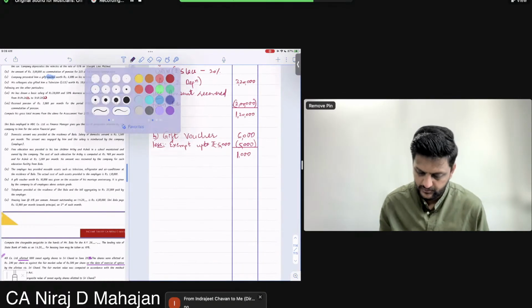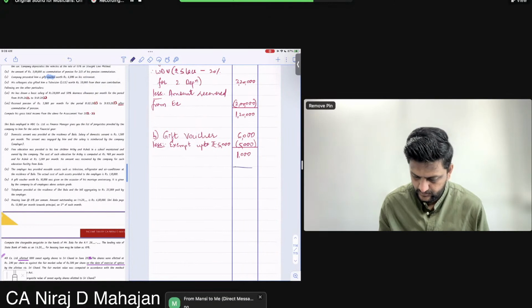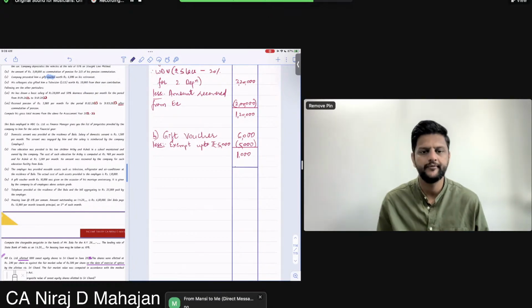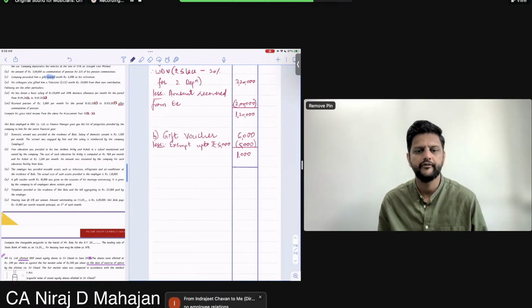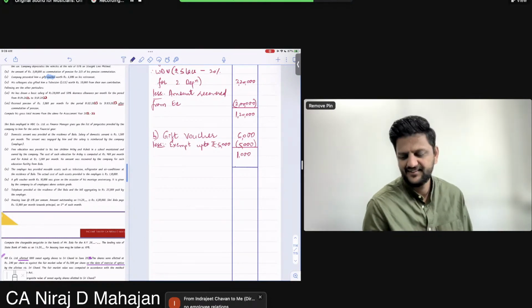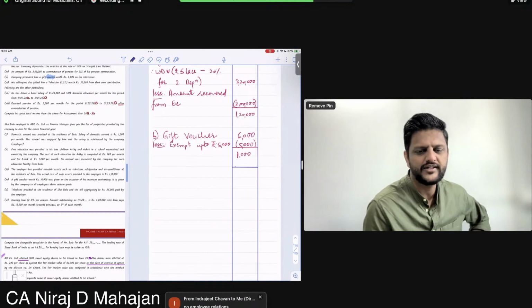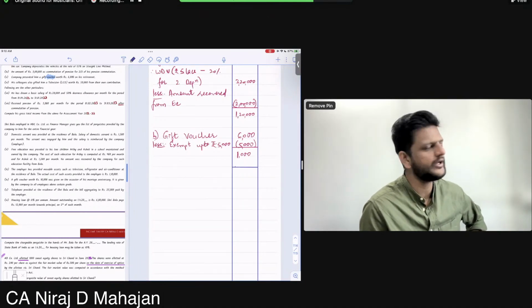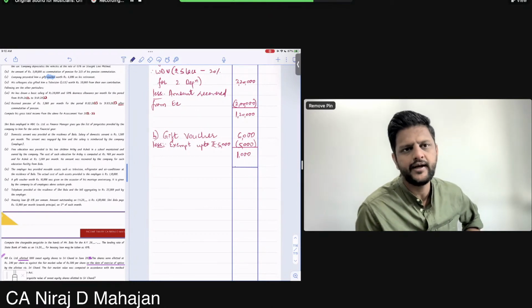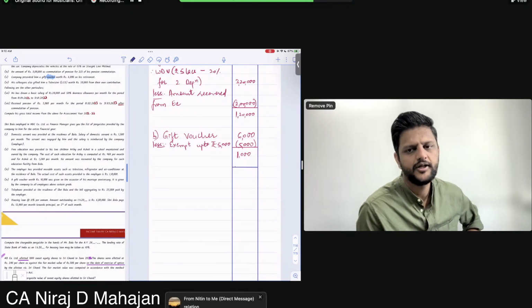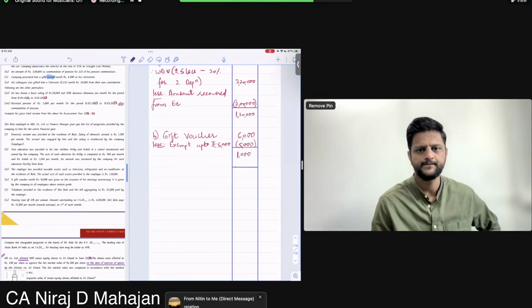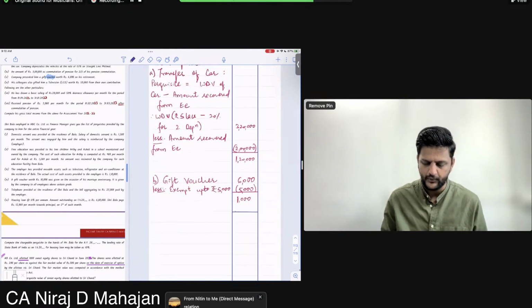Why not? Because it is not given by the employer. Very good, there is no employer-employee relationship with colleagues. So that is a gift from friends. Even a gift, as I told you, is taxable as income from other sources, but it will not come under the salary chapter at least. So just add these two figures: 1,21,000.